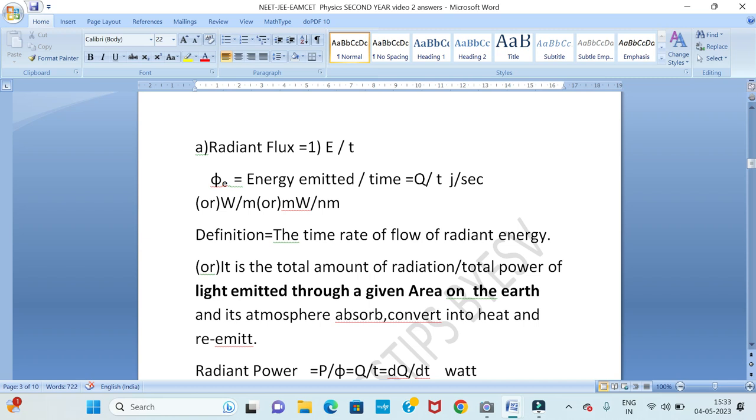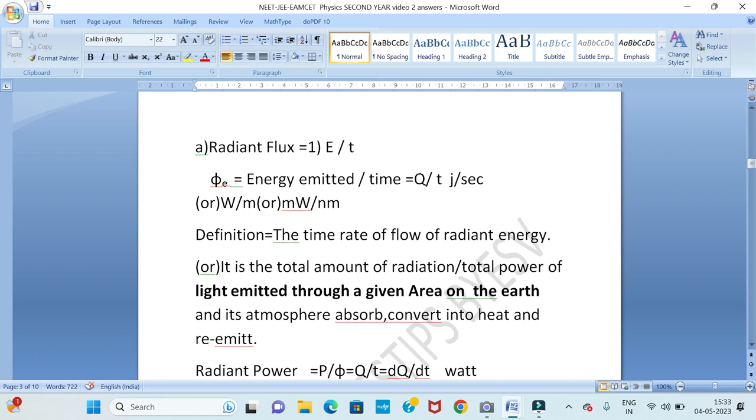Radiant flux means radiant energy emitted, Q by the time T. It is the total amount of radiation or total power of light emitted through a given area on the earth, and its atmosphere absorbs, converts into heat and re-emits. You have to remember this.